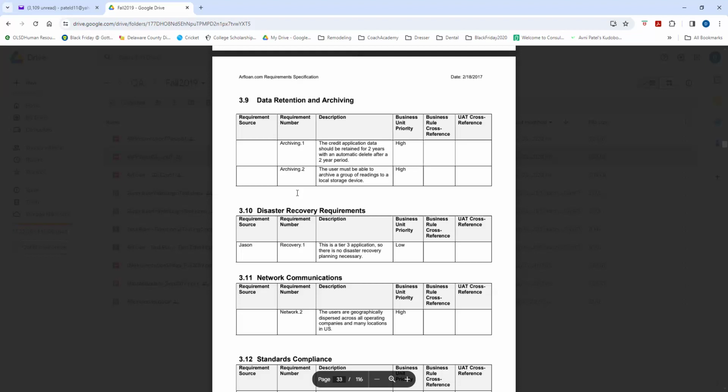What we're going to focus on in this camp is mainly the functional side of things. Now it's good to know the technical words. What does backup mean? What does archiving mean? You can always Google those terminologies and get familiar with them, basically whatever is specified in this document.